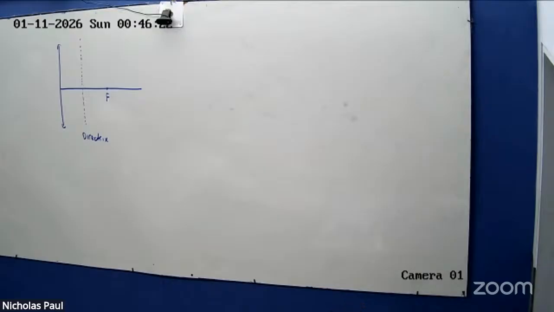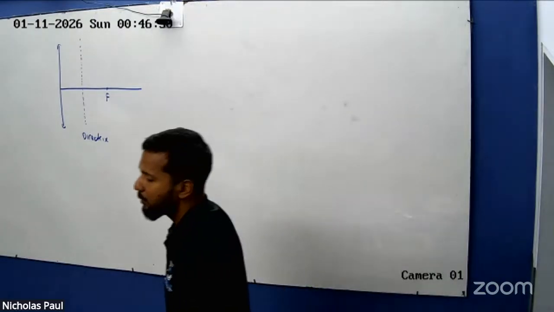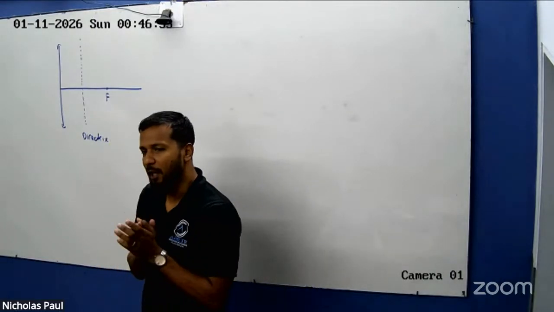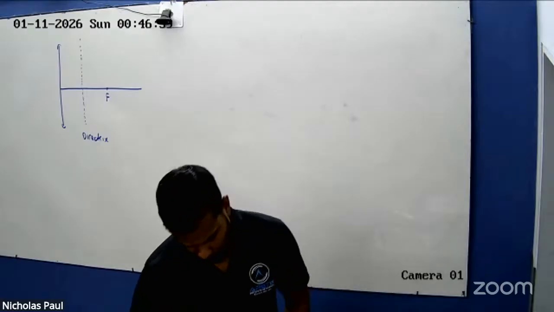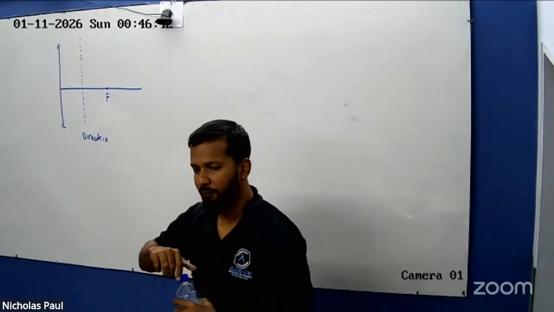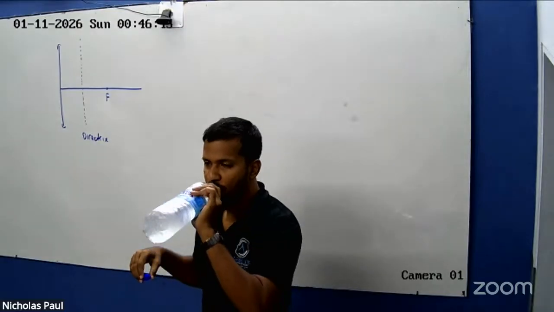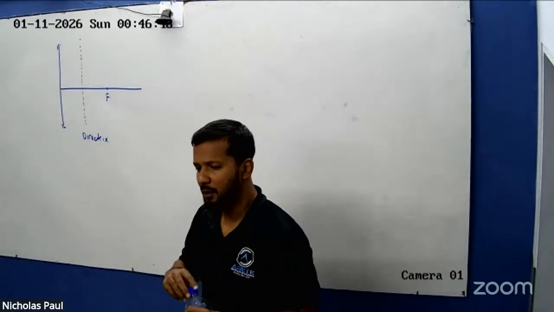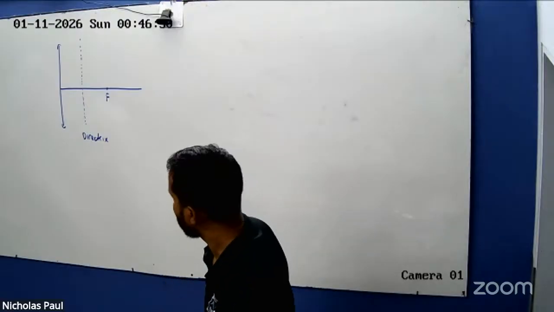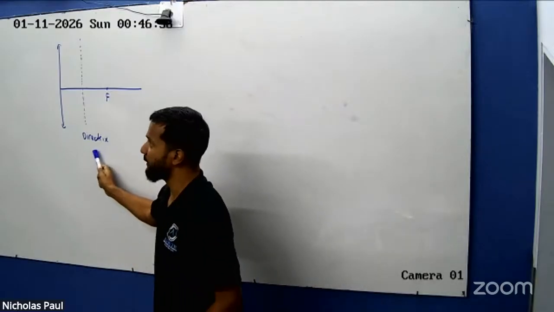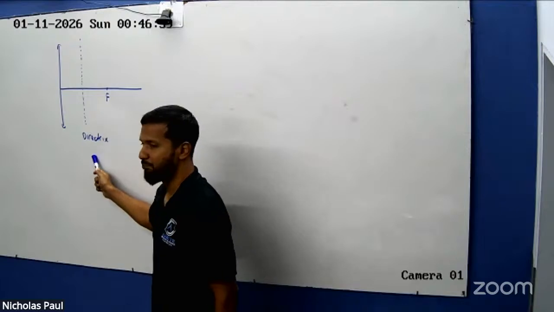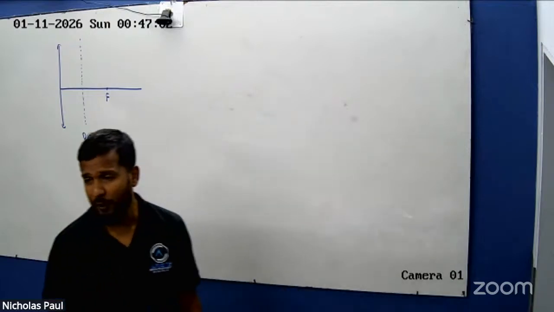All the points on a parabola are equidistant from a focus and a directrix. Is it directrix here? Focus and a directrix. All the points are equidistant from those two.